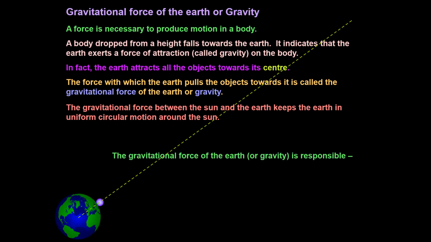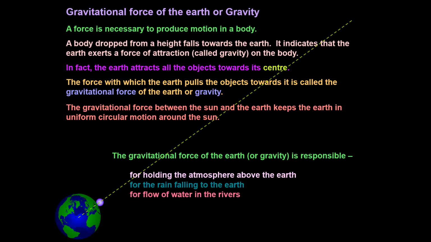Gravitational force of the earth, or gravity, is responsible for holding the atmosphere above the earth. Gravity is responsible for a few things, and I'll tell you which. First thing is holding the atmosphere above the earth. Second, the rain falling on the earth.